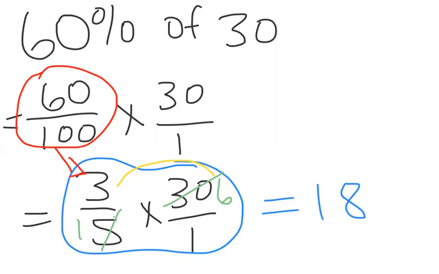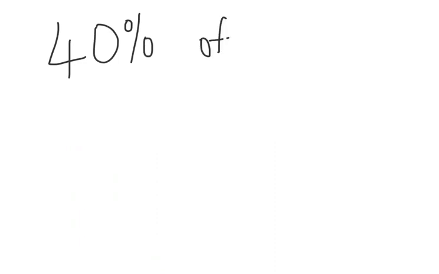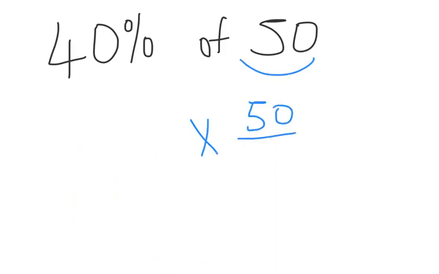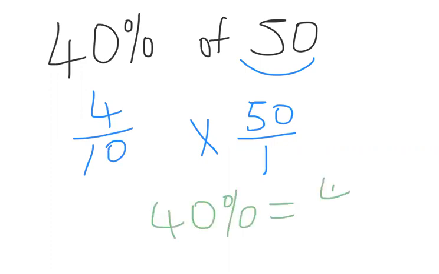Or if you have a sum where they ask you what is 40% of, let's say, 50, then you can already say, if you see there's a 50, you're going to end up multiplying by 50 over 1. Then instead of saying 40 over 100, I'm going to erase that and just say 4 over 10, because I know 40% equals 4 over 10.